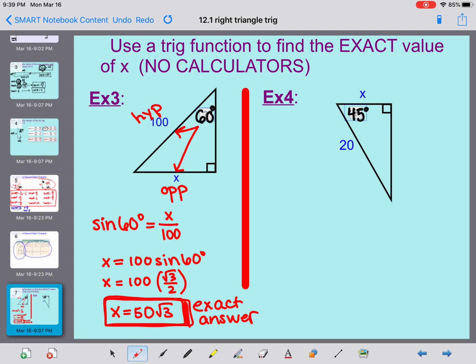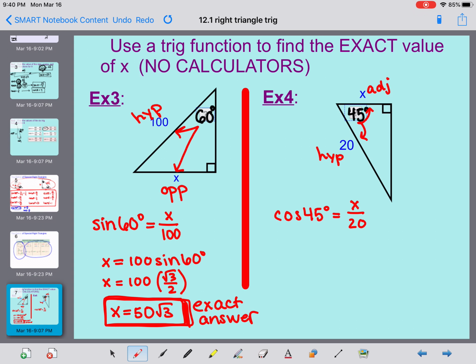So on number 4, again, this would be the hypotenuse side. This side is my adjacent side. So this time with adjacent and hypotenuse, I'm going to do cosine. I could change cosine of 45 degrees right now to √2/2, or I could isolate first.